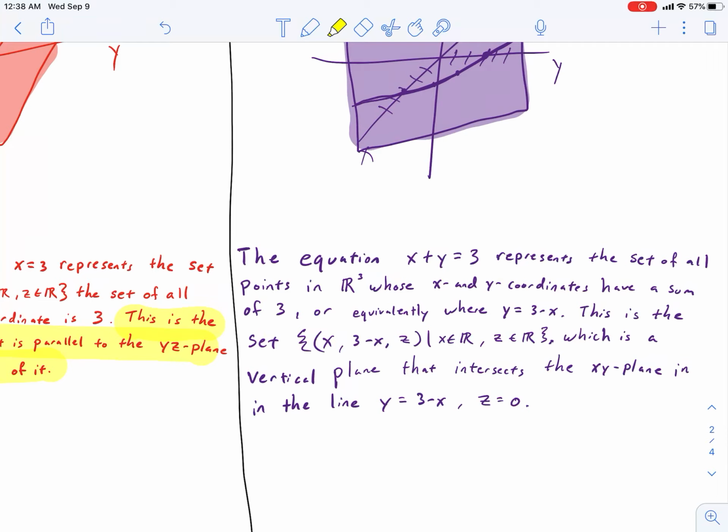So that's why you don't see y can be any real number, which is a vertical plane that intersects the xy plane in the line y equals 3 minus x and z equals 0. So again, if I ask you to describe this, you would say a vertical plane that intersects the xy plane in the line y equals 3 minus x, z equals 0.